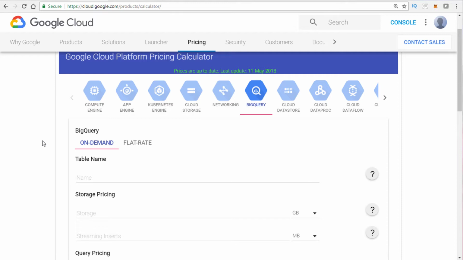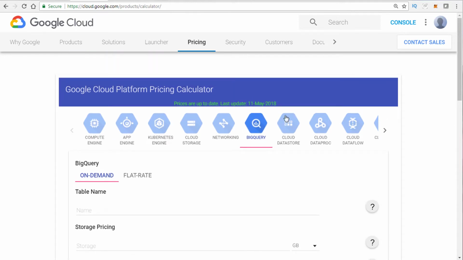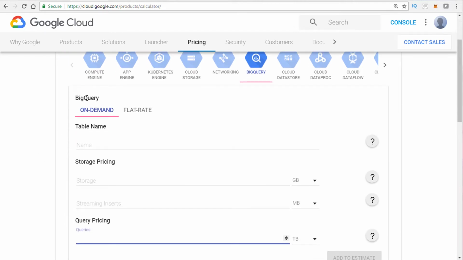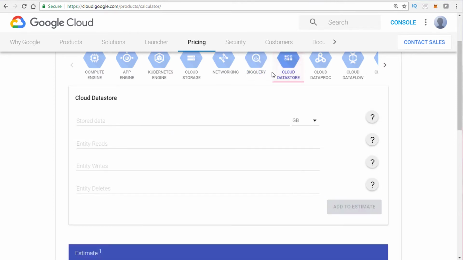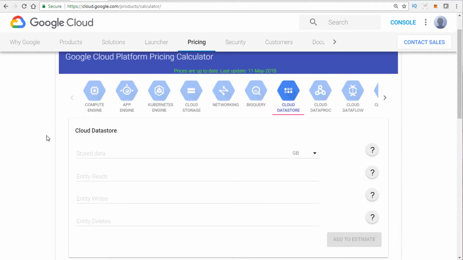Again, if you're not familiar with BigQuery, it's a managed service. But let's say, for example, you're using the pricing calculator. On the exam, they wanted you to know, for example, BigQuery, but let's say Cloud Datastore as well. You need to know how the pricing is done, believe it or not.